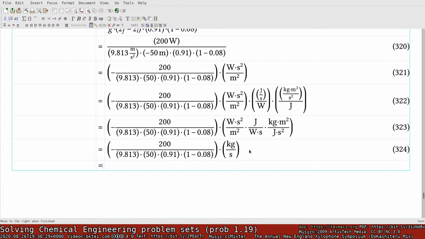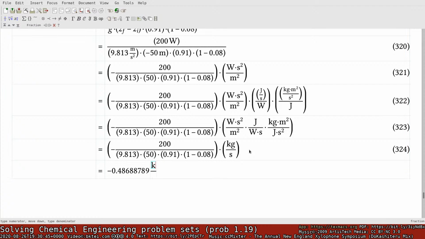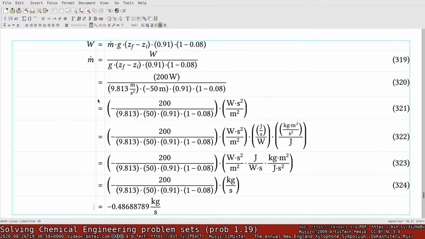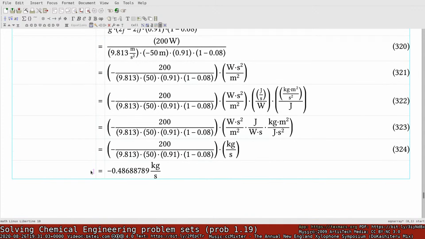That should give us negative 0.486888789 kilograms per second. Yeah, okay. M dot.